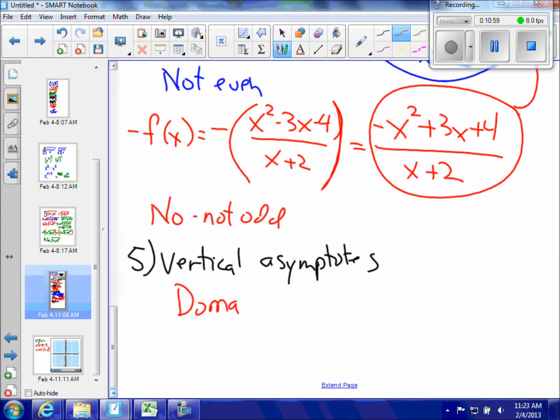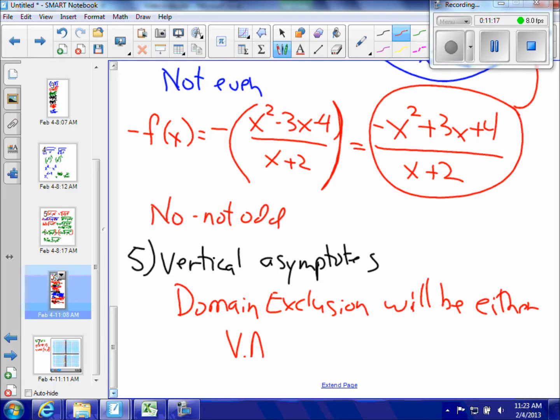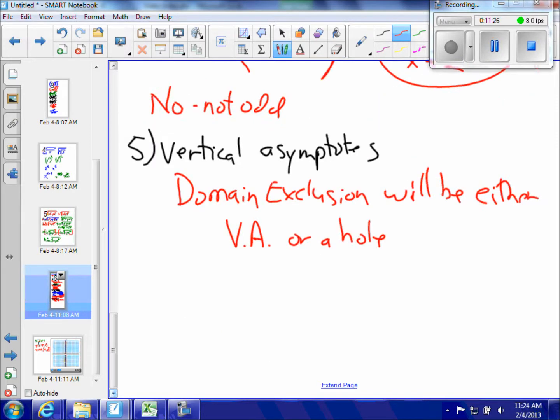Domain exclusion will be either a vertical asymptote or a hole. In this case, I have a domain exclusion of -2, so how do I know whether it's going to be a vertical asymptote or a hole?